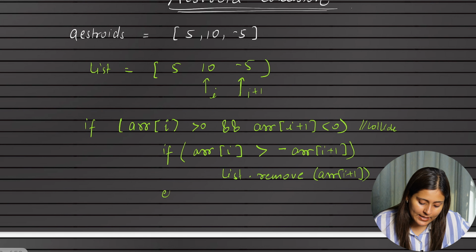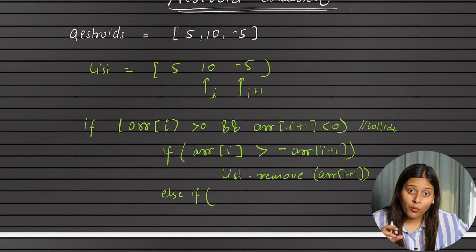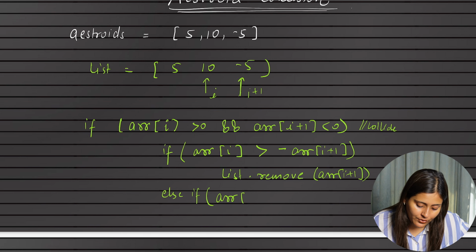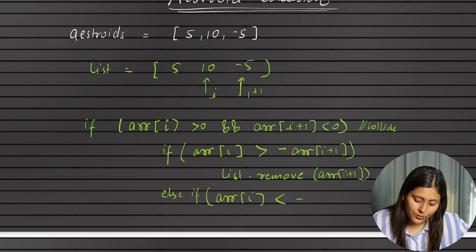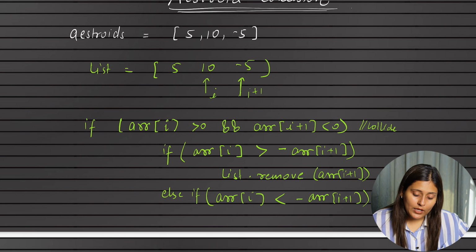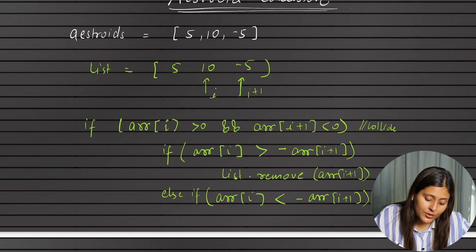Now second case, else if. Now think when the negative one is of larger value. So array of I plus 1 is larger in magnitude. If this happens, suppose minus 15 and this 10.